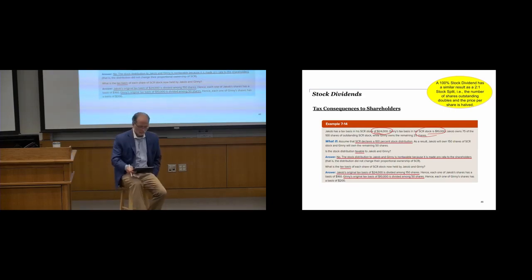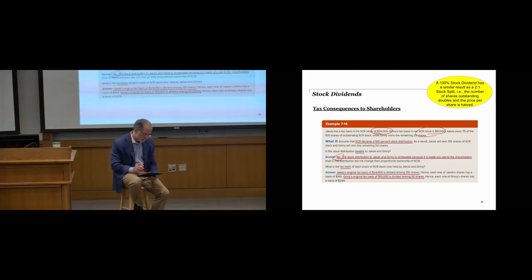Jacob owns 75 of the 100 shares of outstanding SCR stock, while Jenny owns the remaining 25 shares. Assume that SCR declares a 100% stock distribution. As a result, Jacob will own 150 shares of SCR stock and Jenny will own the remaining 50 shares. Is the stock distribution taxable to Jacob and Jenny?